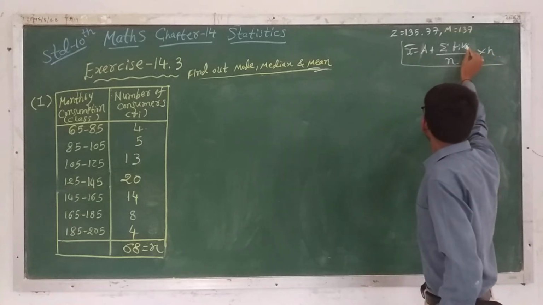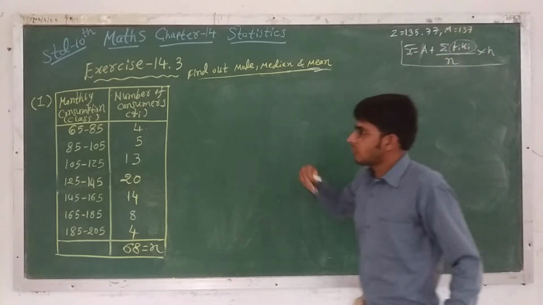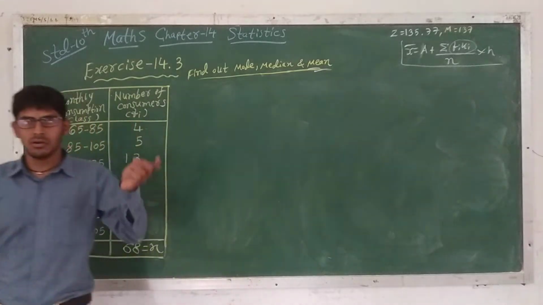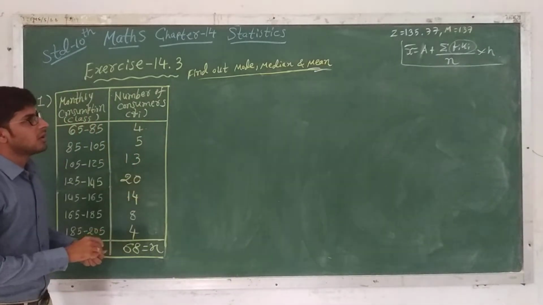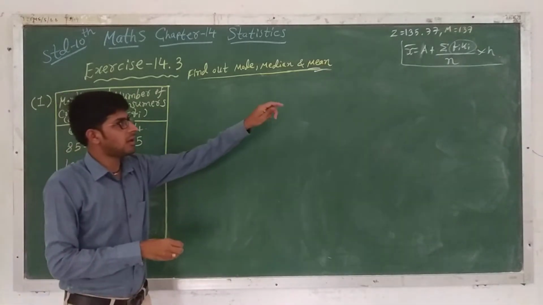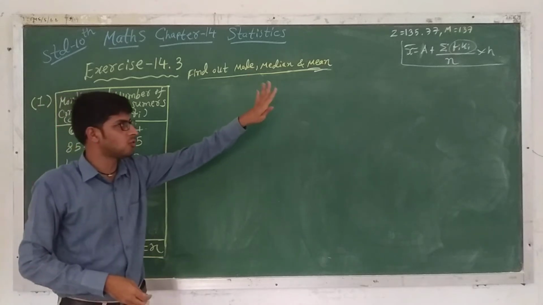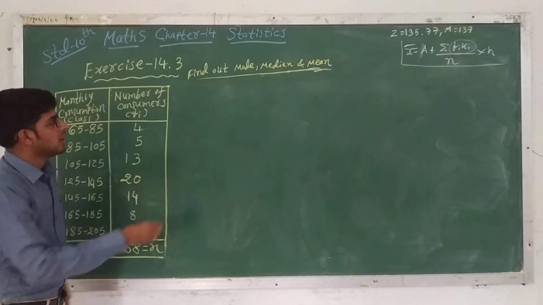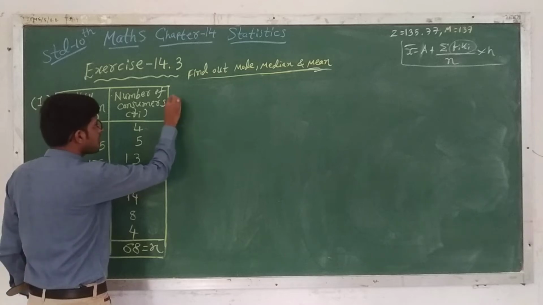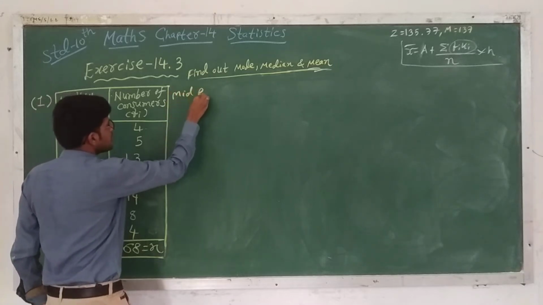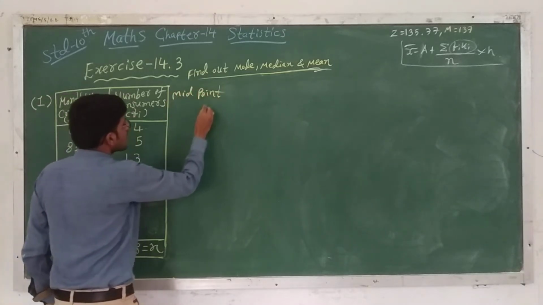We have to find out FI/UI. So first of all, the next column will be midpoint. Then we have to find UI, and lastly we have to find FI/UI and sigma FI/UI. So the next column is midpoint or mean value xi.